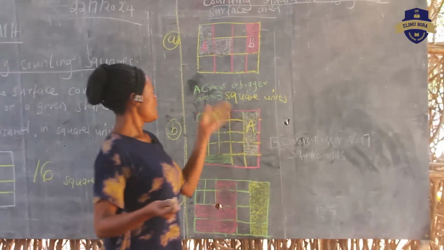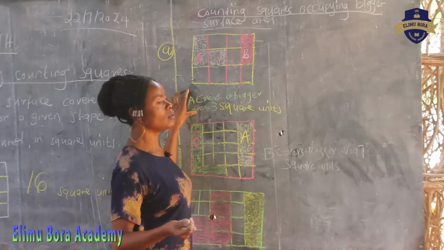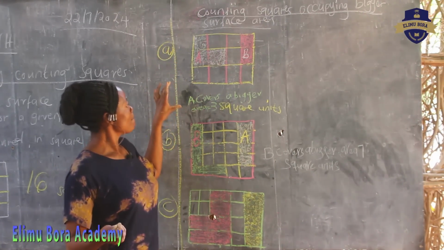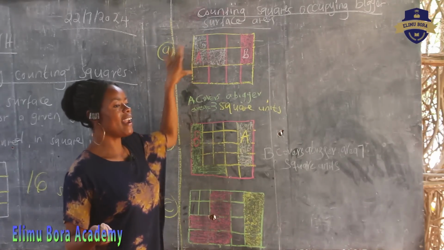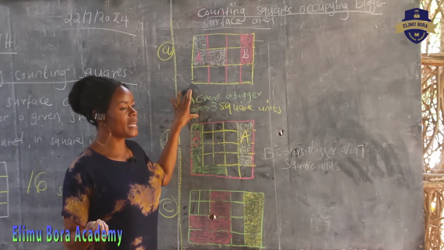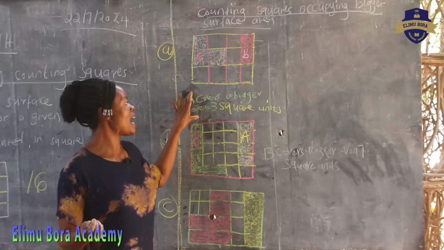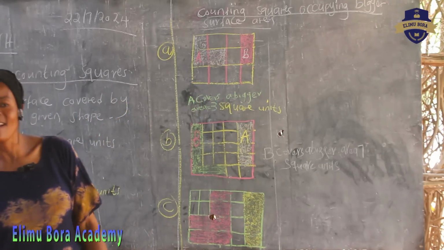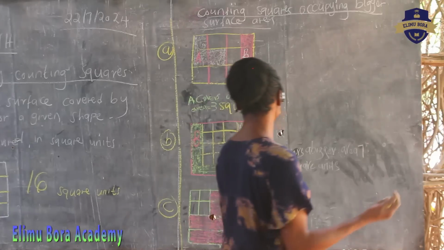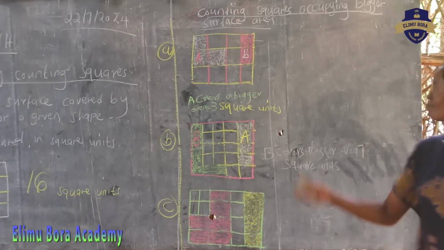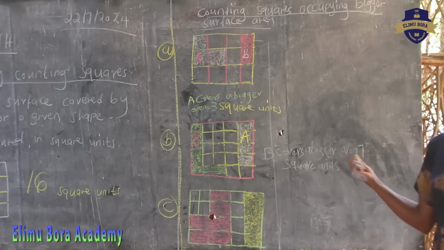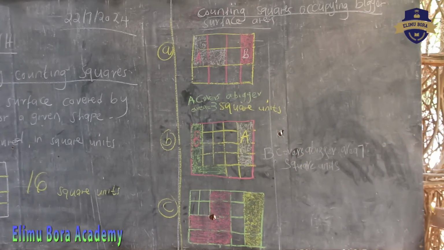So, in A, we were able to count the squares and see that A covered a bigger surface area by 3 square units. Then in B, we have seen that B is covering a large surface area by 7 square units.